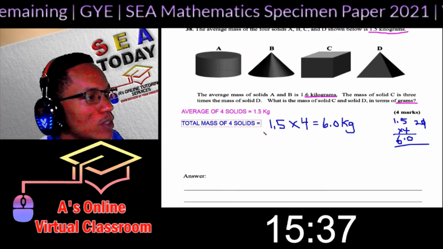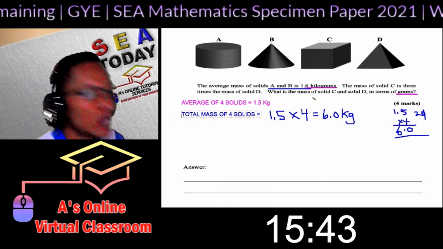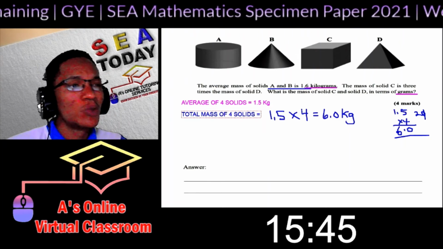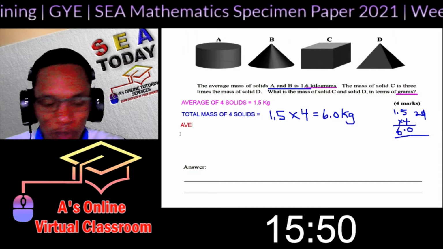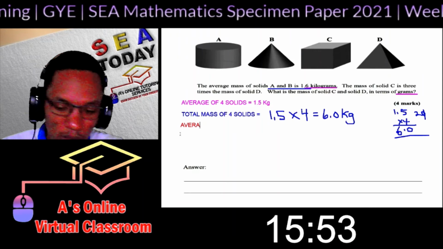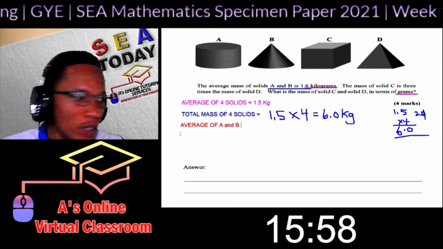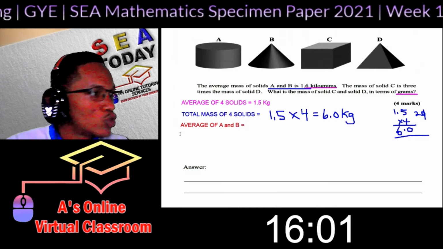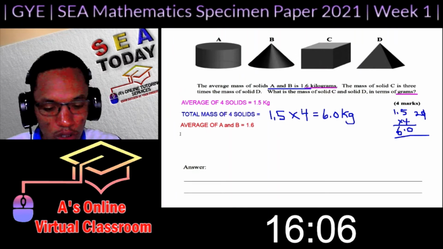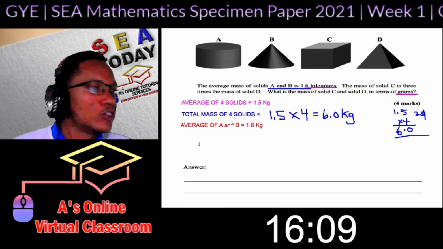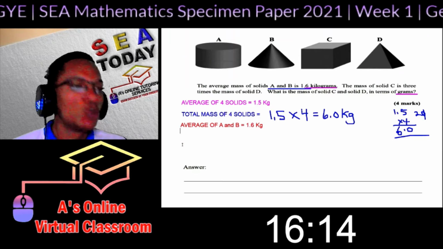Now, the next bit of information told us that the average mass of A and B is 1.6. So the same thing we did there. The average of A and B equals 1.6 kg. Once we have the average, we can find the total.